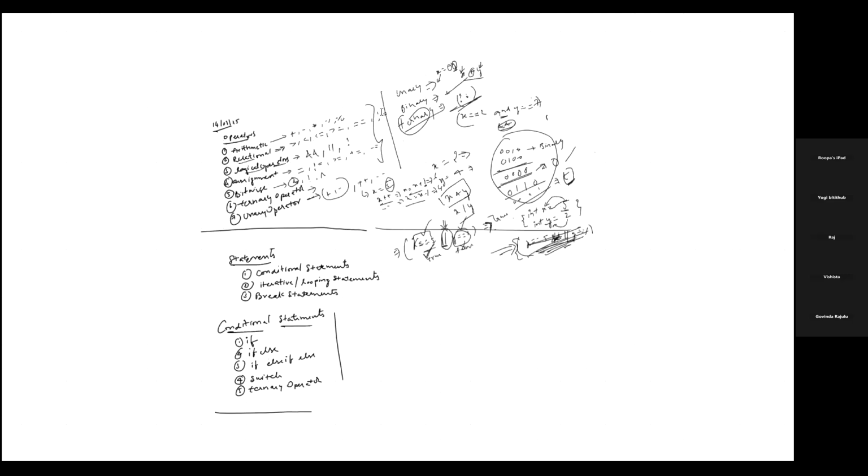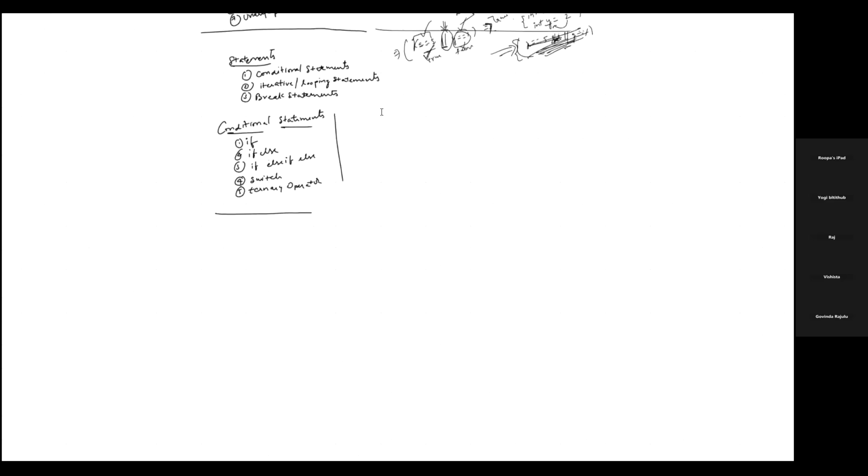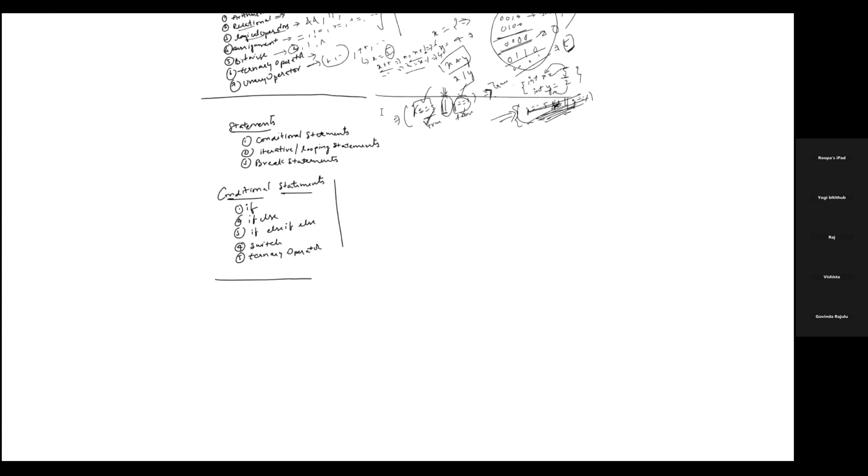Before that, does anyone know what is an even number and what is an odd number? The numbers which are divisible by 2 are called even numbers, which are not divisible by 2 are called odd numbers. Great. So, we have numbers 1, 2, 3, 4, 5, 6.